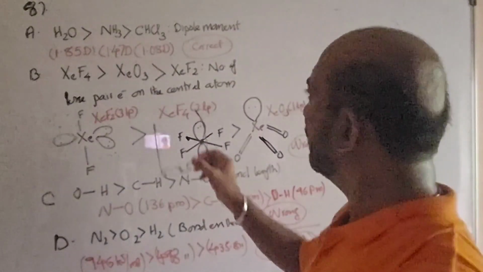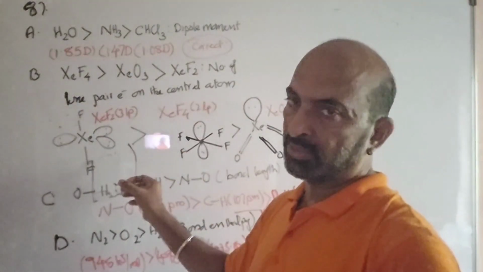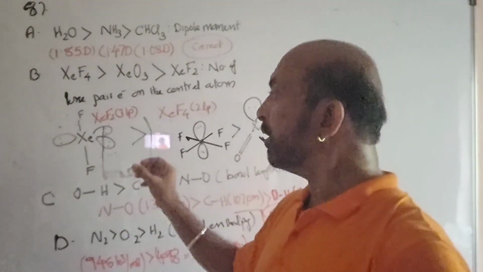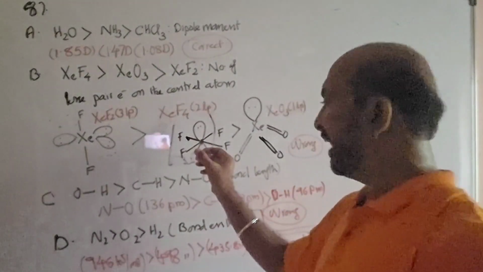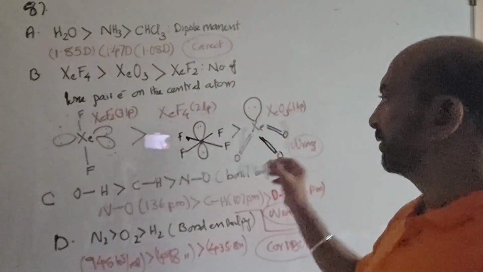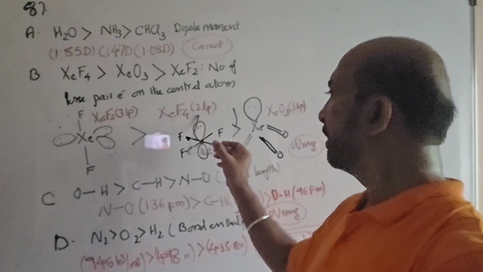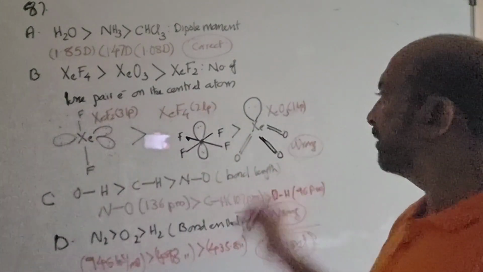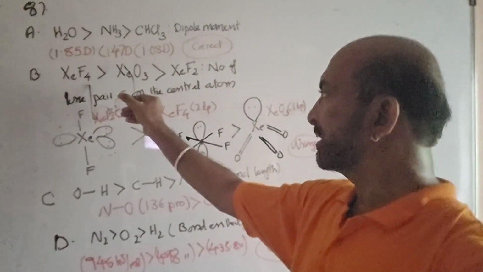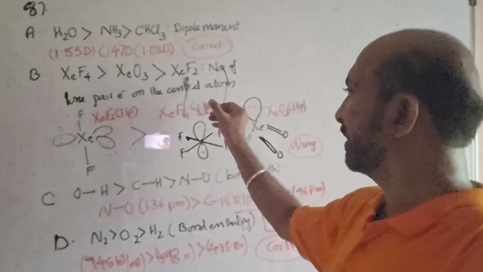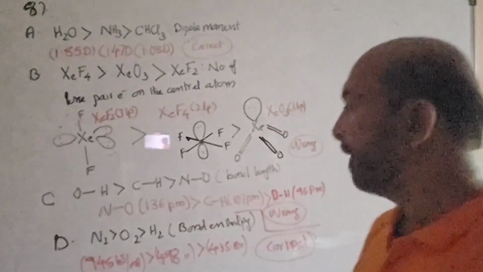XeF2 has 3 lone pairs. So the actual order should have been XeF2, XeF4, XeO3 with 3, 2 and 1 lone pairs respectively, whereas they have wrongly given XeF4 greater than XeO3 greater than XeF2. So B is incorrect. A is correct, B is incorrect.